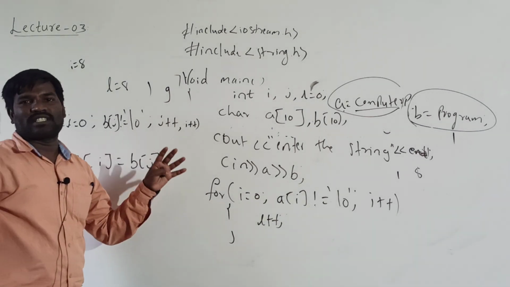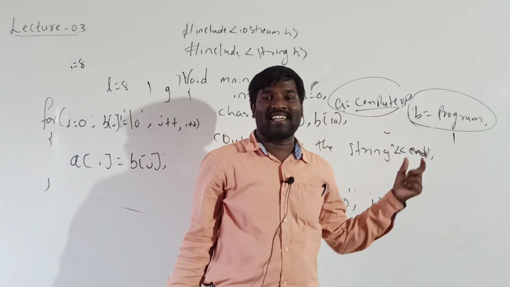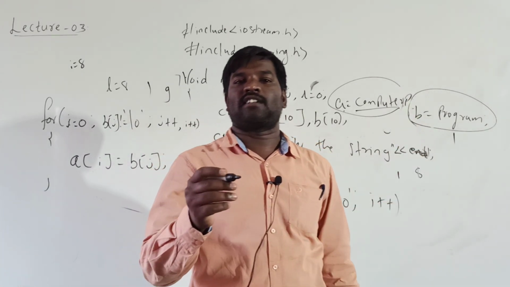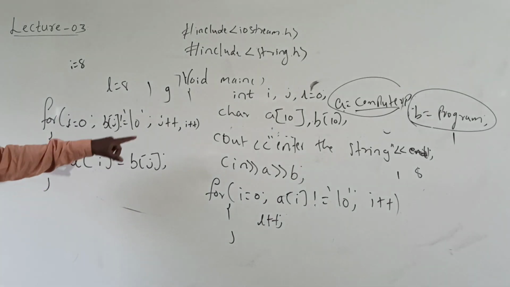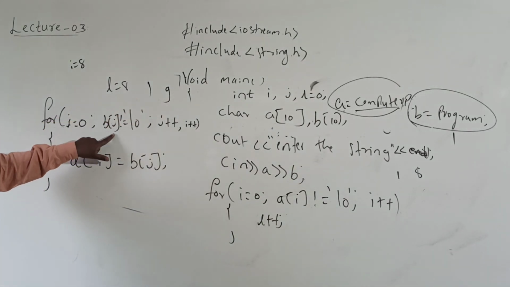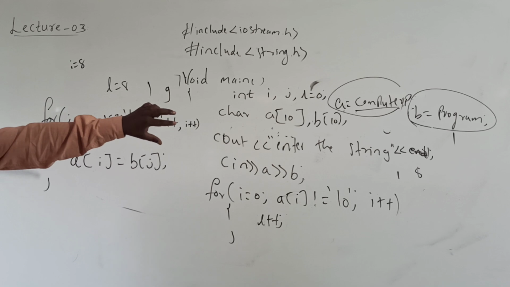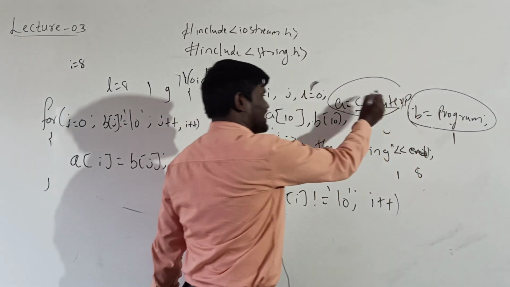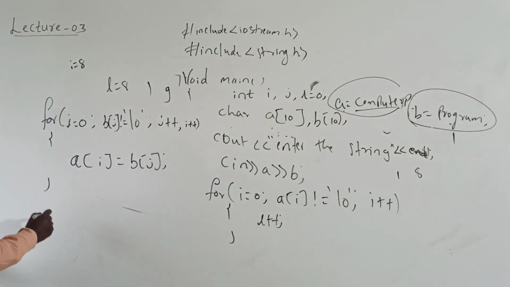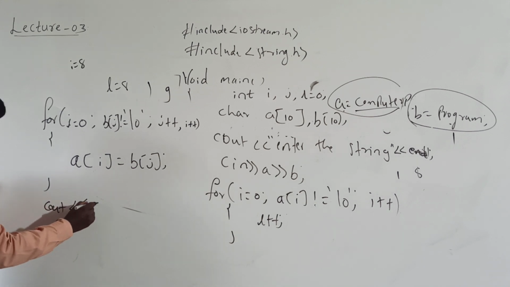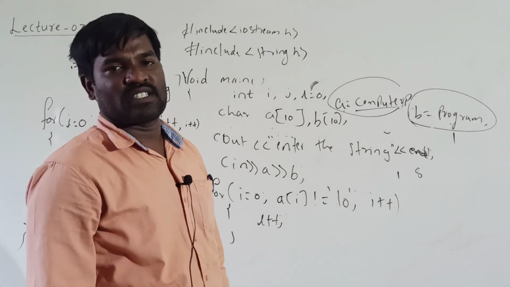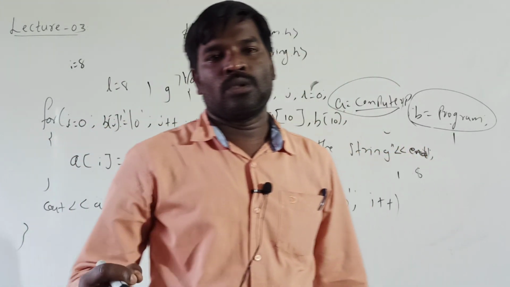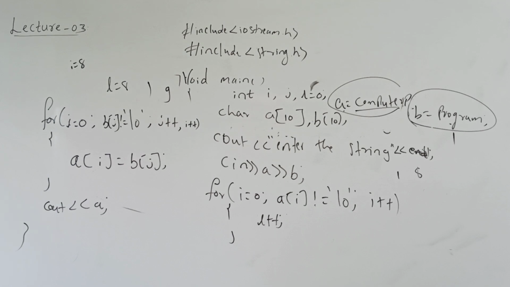Because the positions are not present in a, it will create the position and store the characters one by one. Finally, when b becomes false, all the characters are joined at the end of string 1. Finally, we print cout a. So this is how, without using the string handling function, we can join two strings. Okay, this is also important.